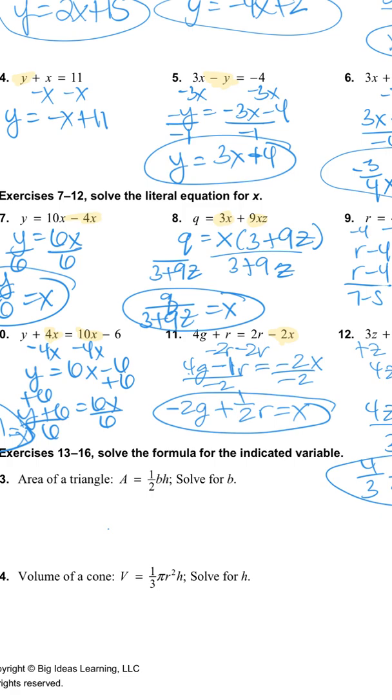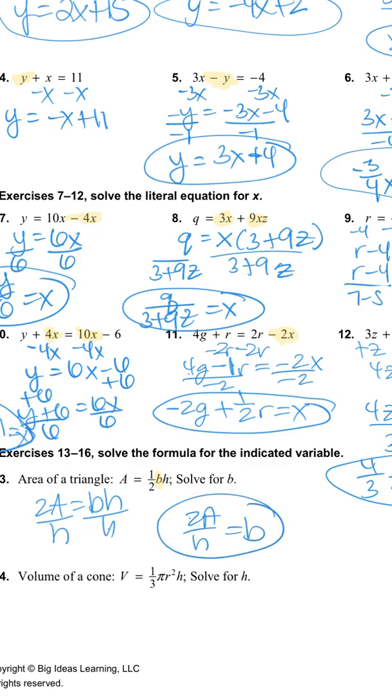Okay. Here, for our area, we're solving for b, our base. So we can first multiply by 2. So we're going to have 2a equals bh, and then divide by h. So 2a divided by h equals b.